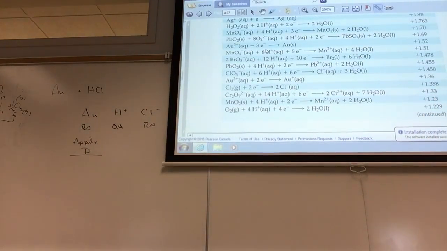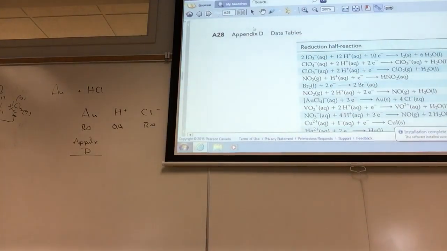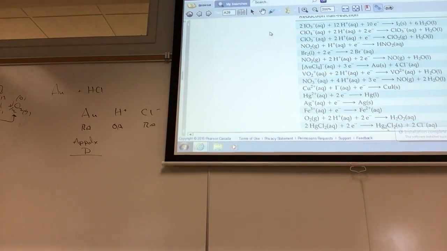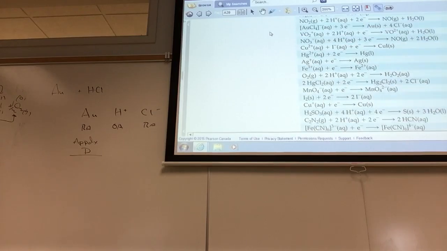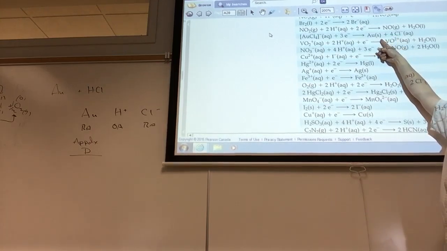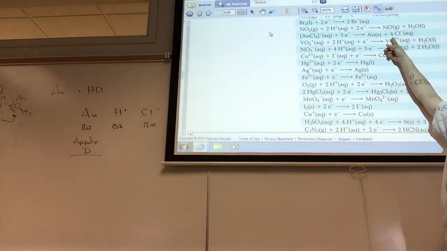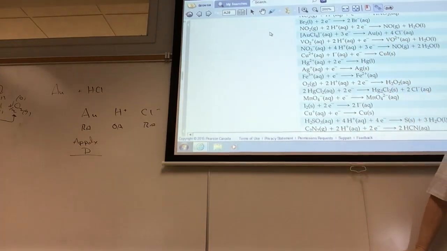So people who don't look at the entries will miss certain things. Oh, here's gold here. Do you see it? But it's gold with chloride. Do we have chloride?